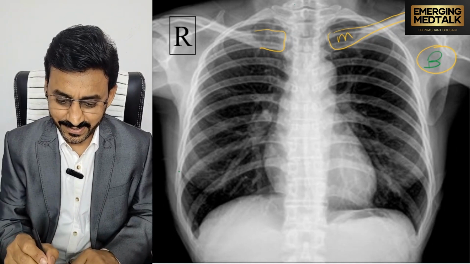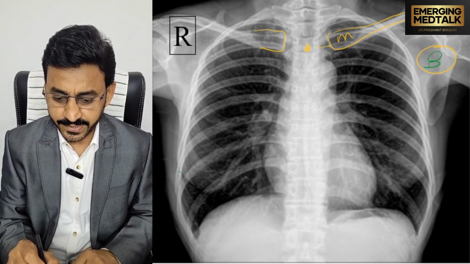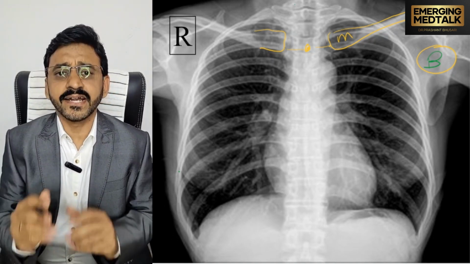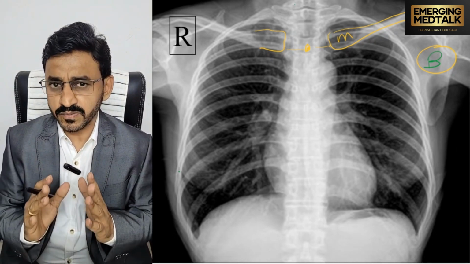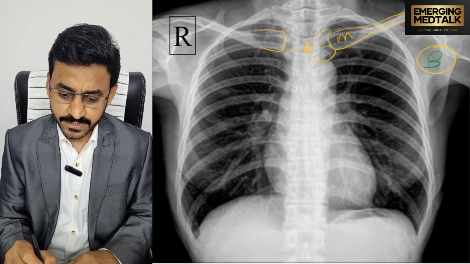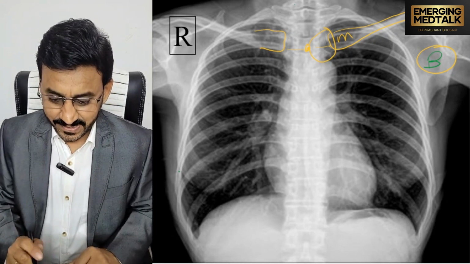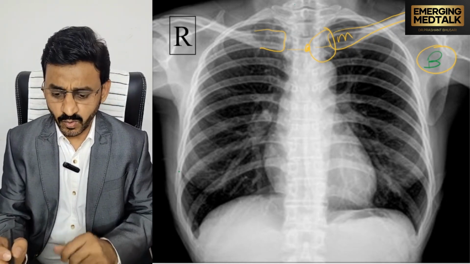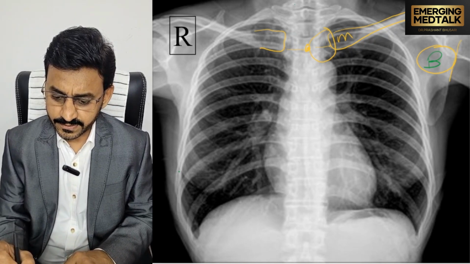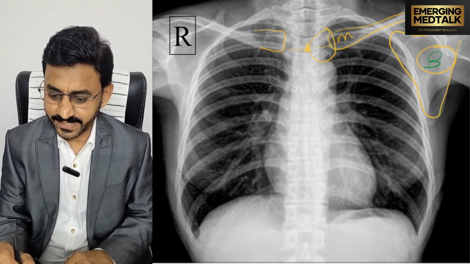Both medial ends are equidistant from the spinous process of the thoracic vertebra, and the medial end articulates with the sternum to form the sternoclavicular joint, which is of the saddle variety. This is the collarbone.